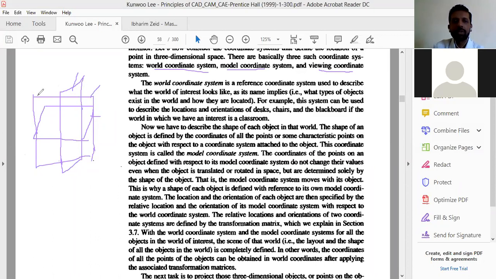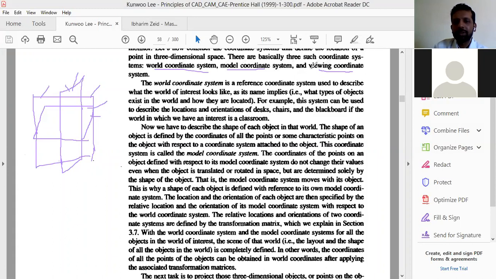It will show this one as the XZ plane, this one will be the X and Y plane, and this will be the YZ plane, right? That is nothing but the horizontal plane, vertical plane, and side view plane, which we know from the basics of drawing. So that same thing is nothing but the model coordinate system.